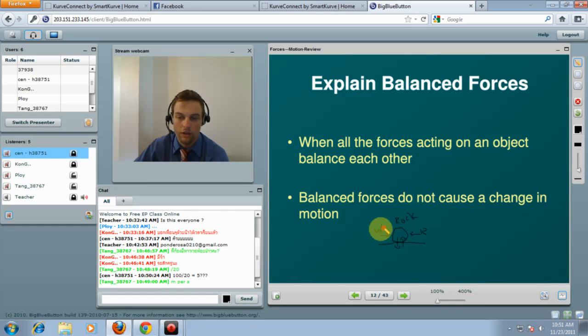Right now we've got wind, the resistance to the wind, gravity, and this force that's pushing back on the rock that's keeping it from sinking. So this would be considered a balanced force. Balanced forces do not cause a change in motion. Like I said, this rock is not moving.